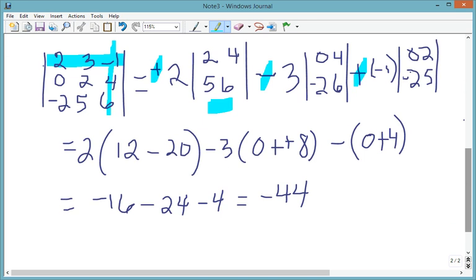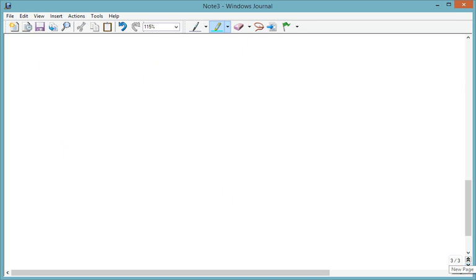So the thing that you see when you do it is that if you use the number in this first column, it's always going to be a plus. If you use the number in the second one, it's always going to be a subtract. And that just keeps going.